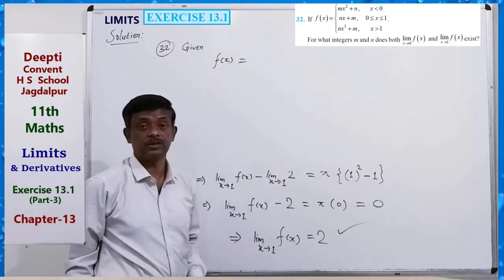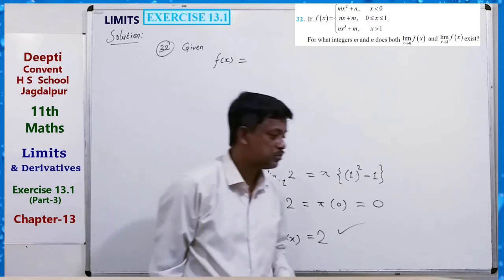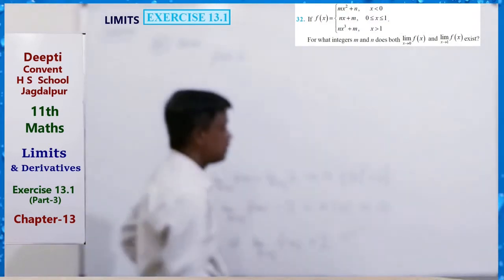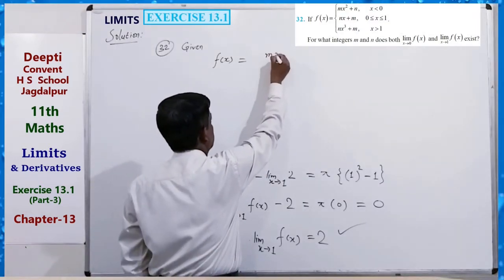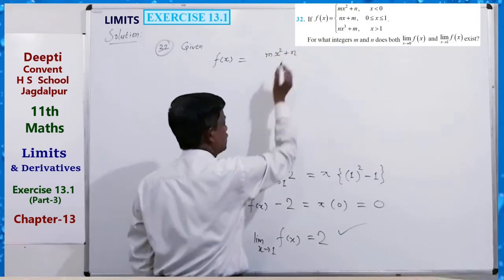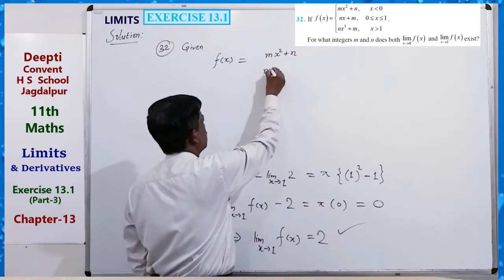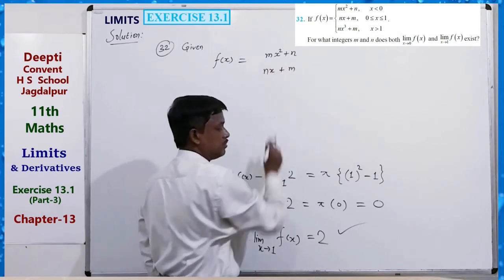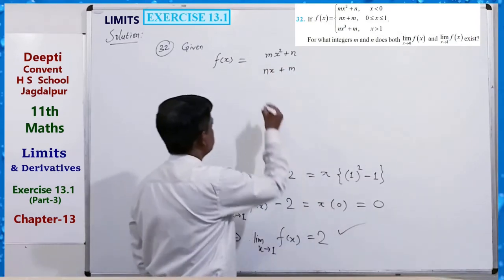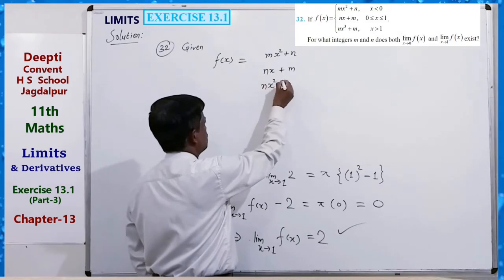Here given f(x) equals mx square plus n, and nx plus m, and nx square plus n.